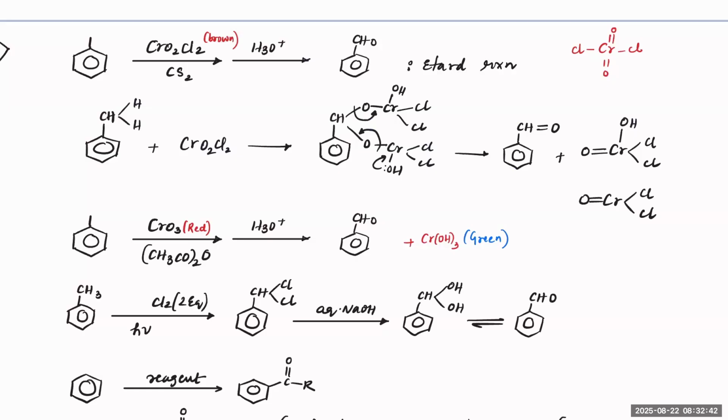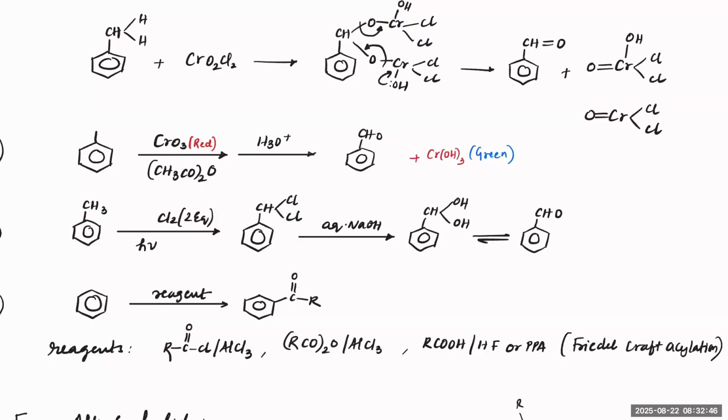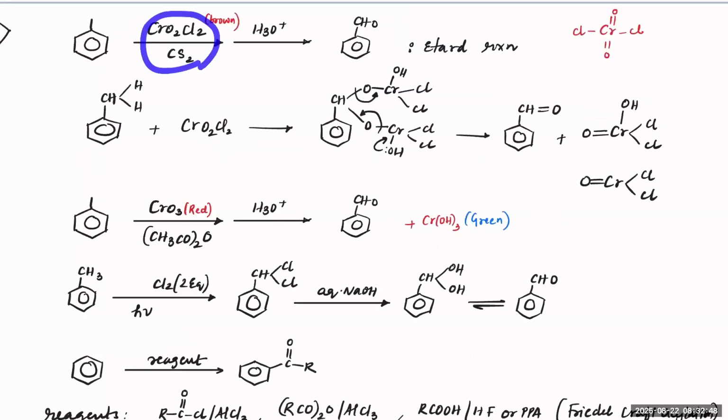Okay? Yes, sir. The same logic, just like how we did it for chromyl chloride, the same thing works with CrO3 also. Okay? Chromium trioxide also. Chromium trioxide is a red color liquid. You take it in an anhydride form, and this will also give you a similar type of complex here.